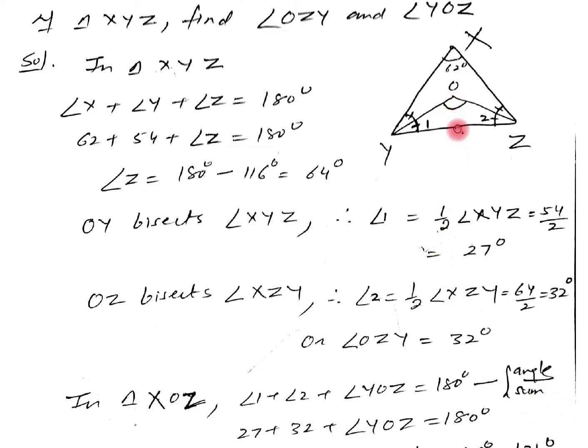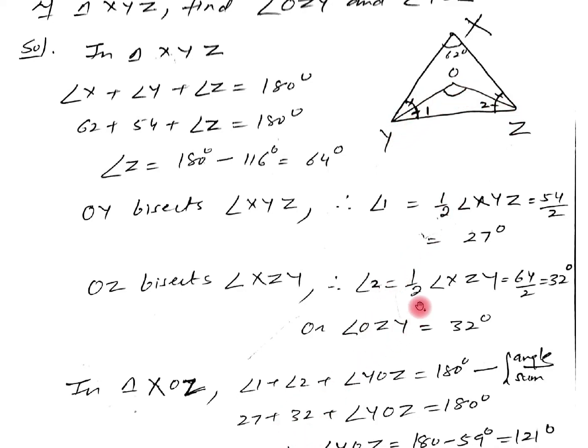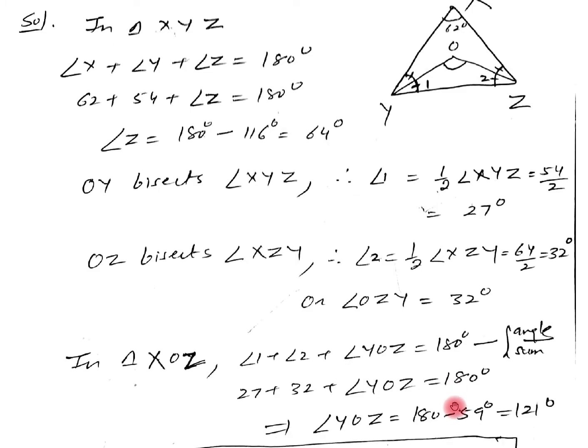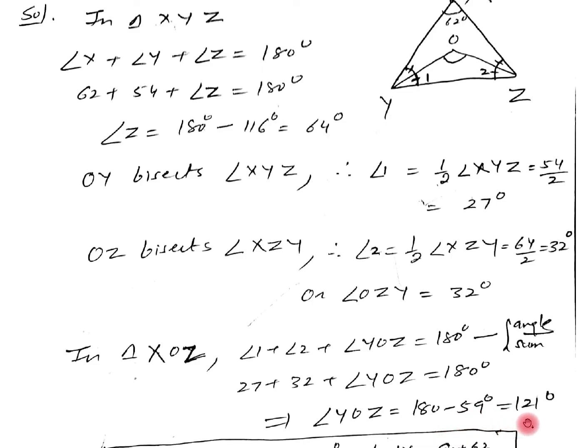The sum of these three angles must be equal to 180 degrees in this triangle YOZ. Again putting the value of 1, putting the value of 2, plus angle YOZ equals 180 degrees. So angle YOZ equals 180 minus 59, equal to 121 degrees.